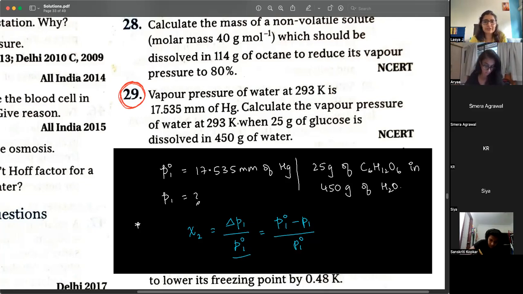That'll give you a more accurate value of how much lower it became. But I can see you also got around that same value. Yes, that's right. Nice. Smera and Arya got it.